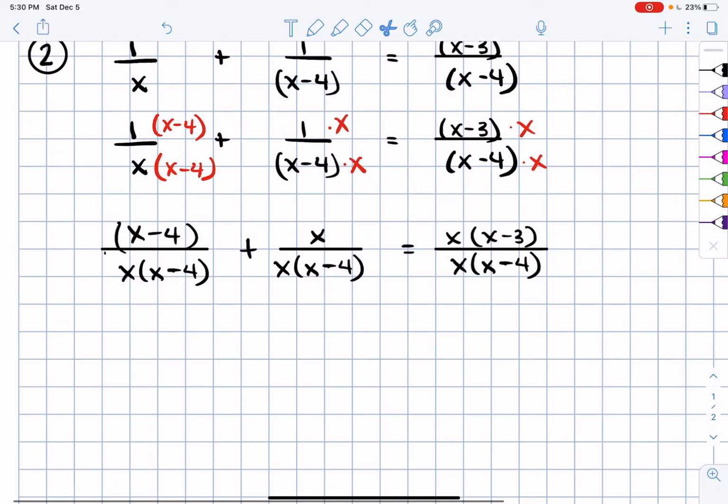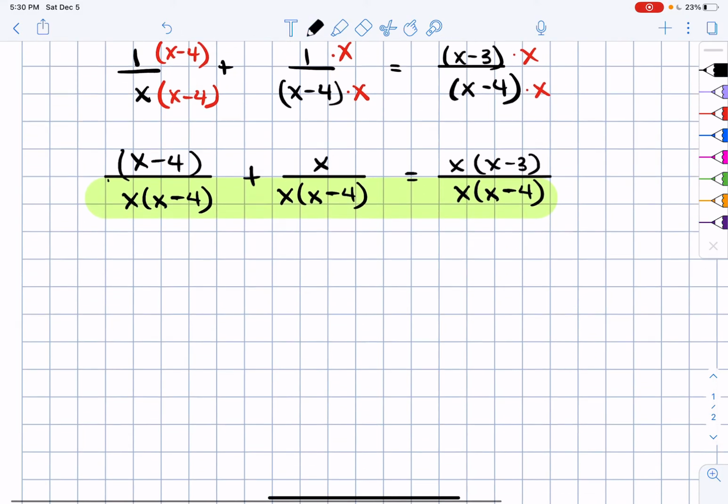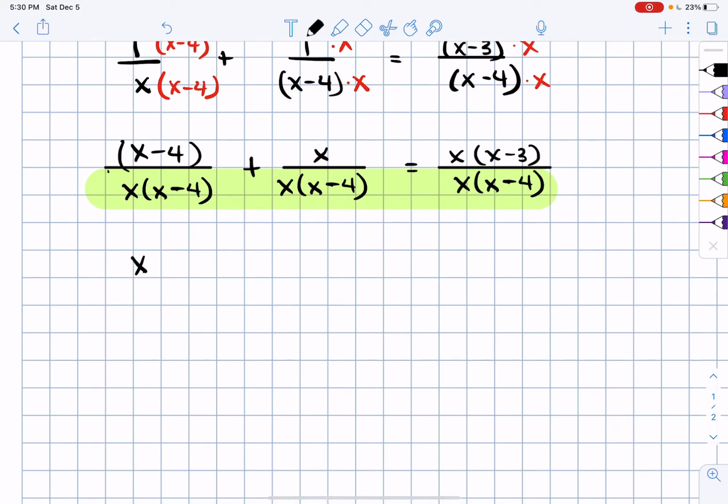Now, since the denominator is all the same, that means the numerator has to be all the same. So I got x minus 4 plus x is equal to x times x minus 3.